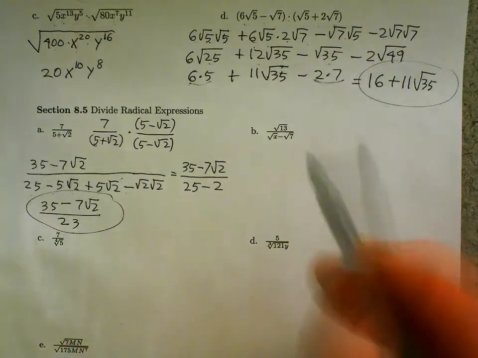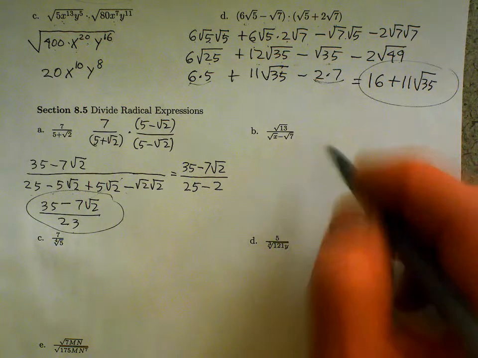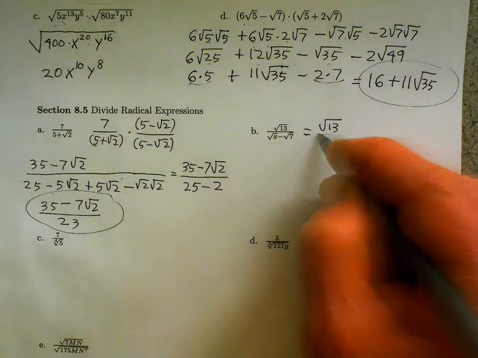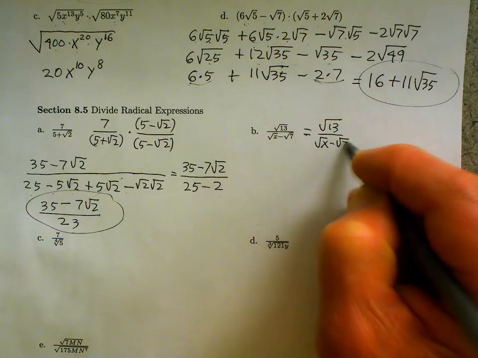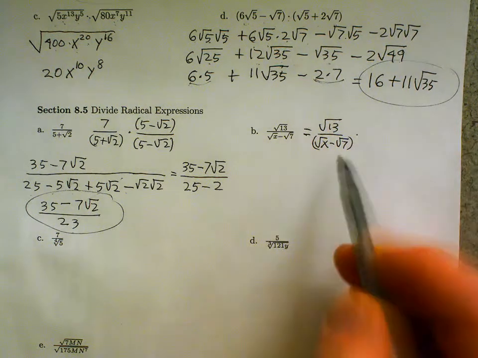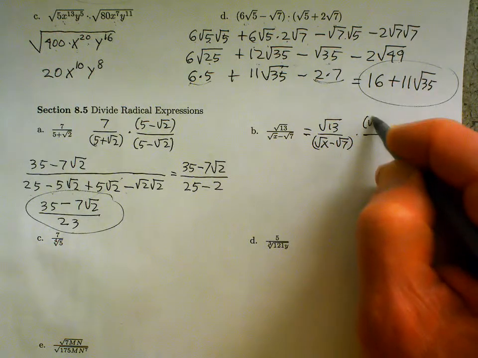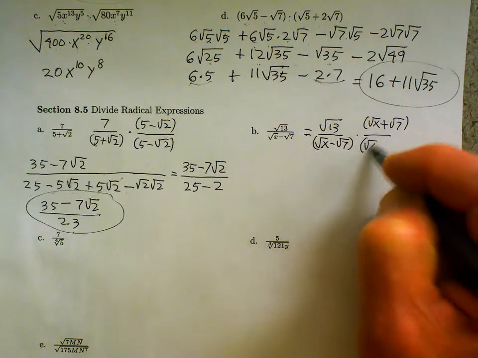Okay, the next one is the same sort of process. We're going to multiply the numerator and denominator by the same. In other words, we're going to multiply by 1. This time the form 1 takes is the square root of x plus the square root of 7 over the square root of x plus the square root of 7.